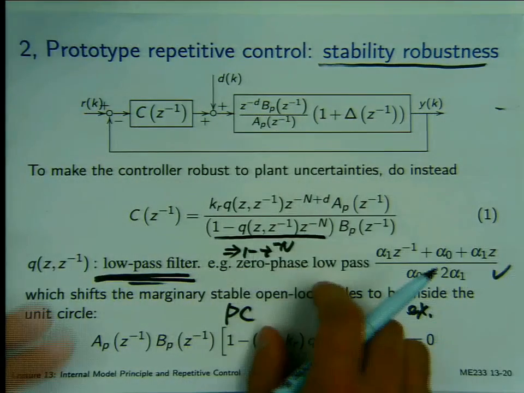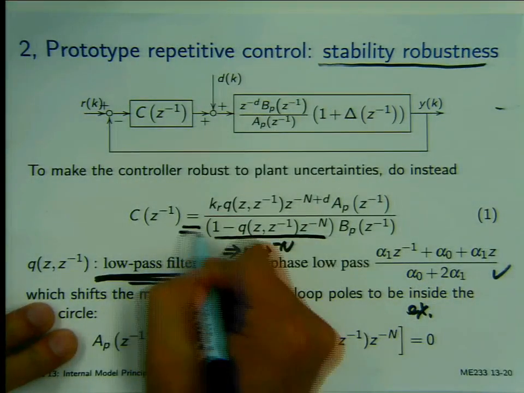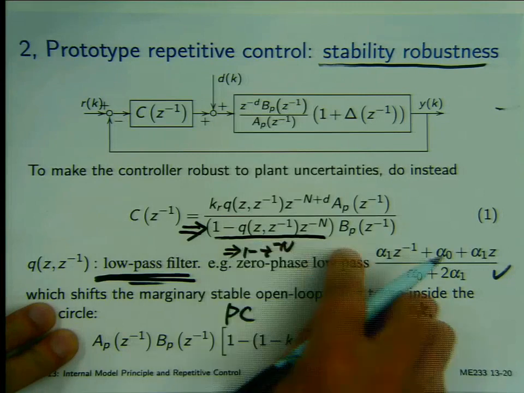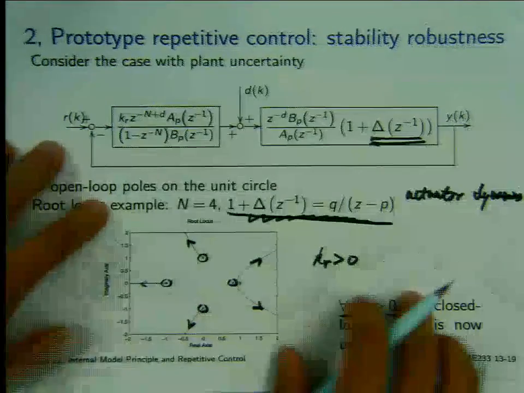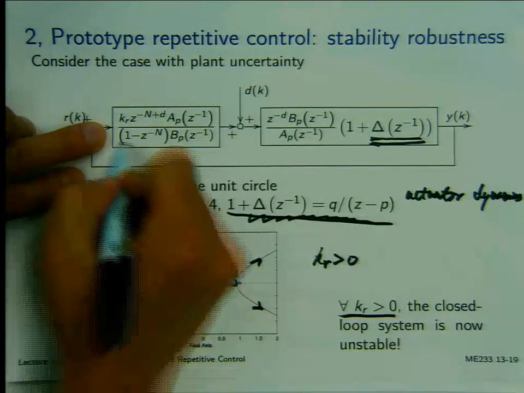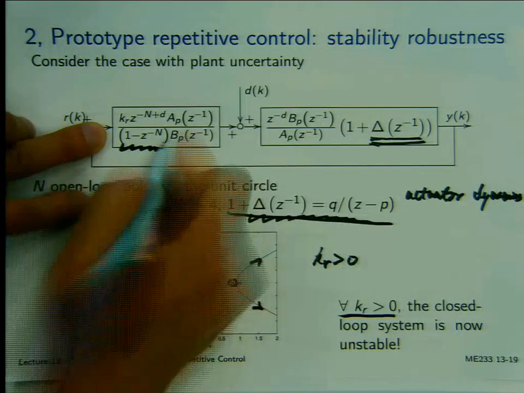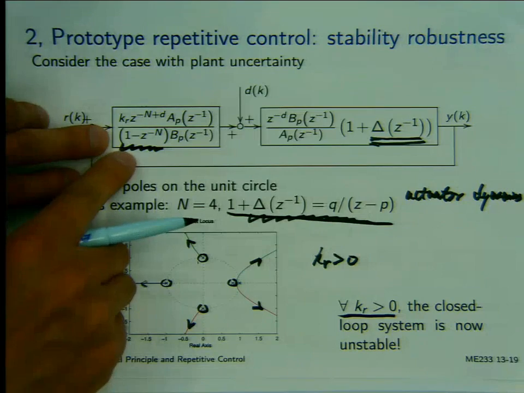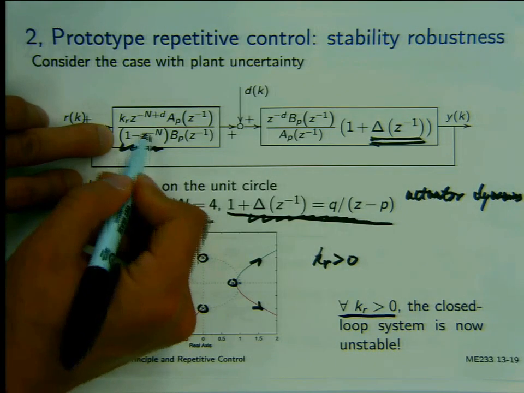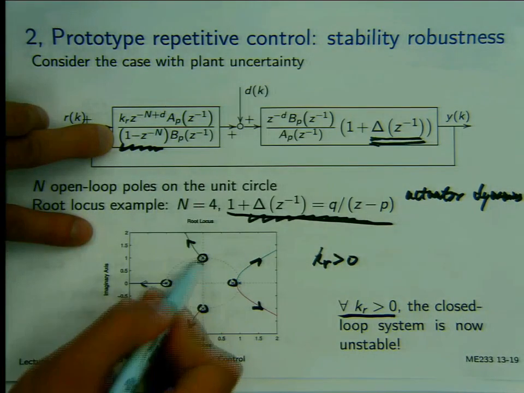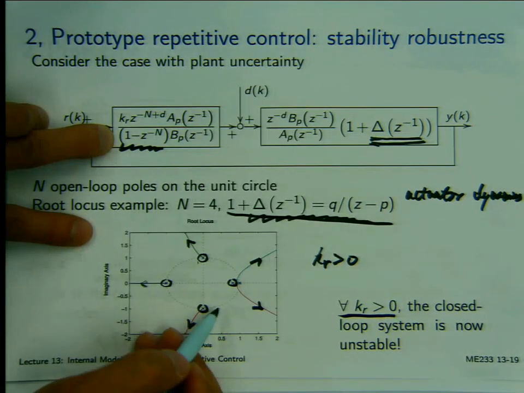Last time, we analyzed the version that's not robust, where the open loop poles contain the roots of these guys, which are on the unit circle, you see?